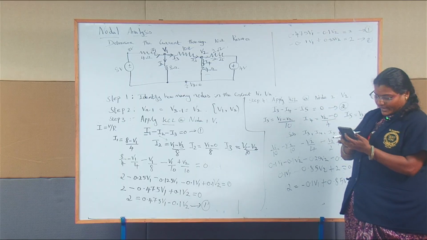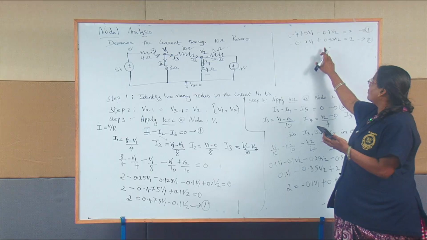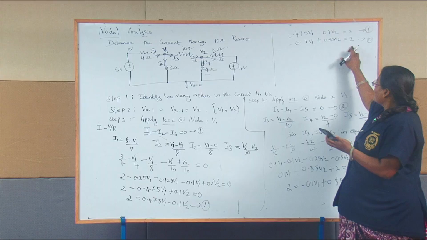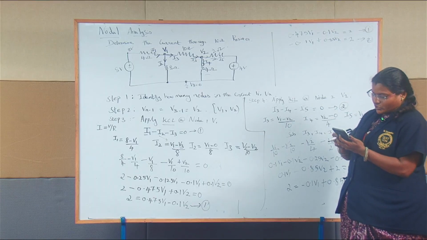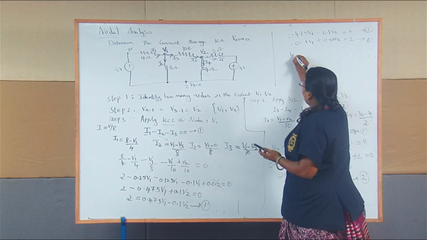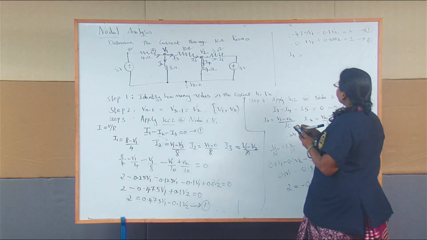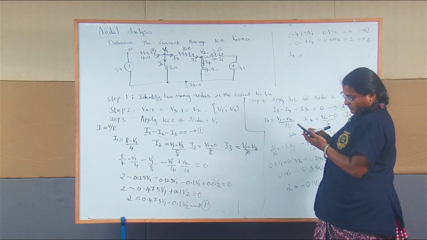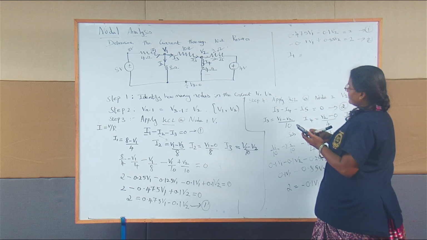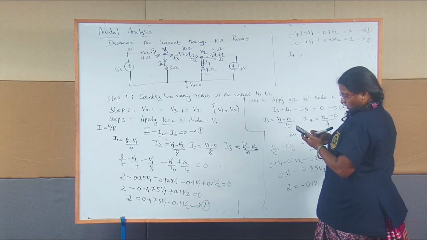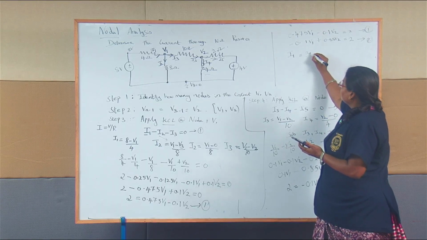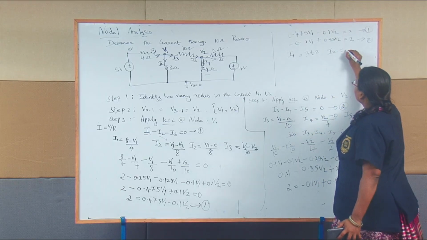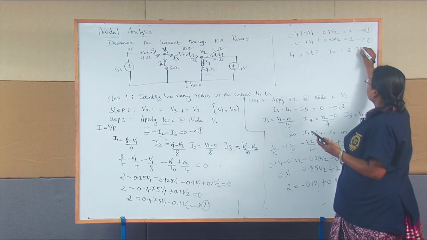Then A2 is minus 0.1. If you are pressing equal to, then minus 0.85. C2 is 2. So your V1 value is 3.62. V2 value is minus 2.77.